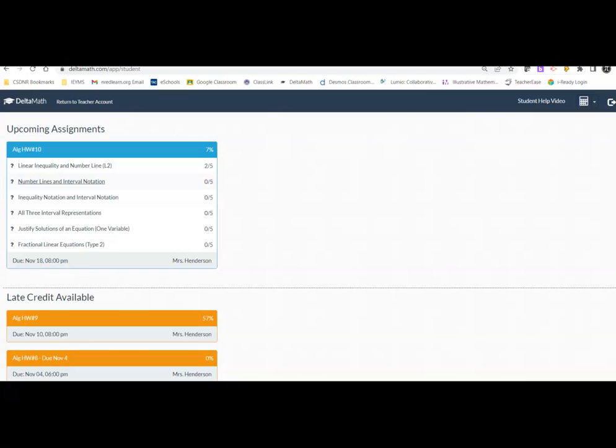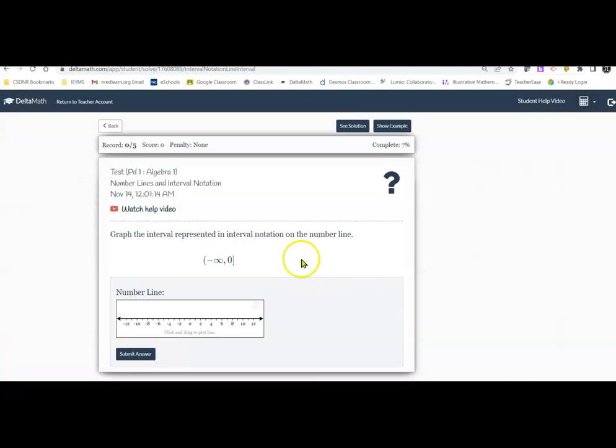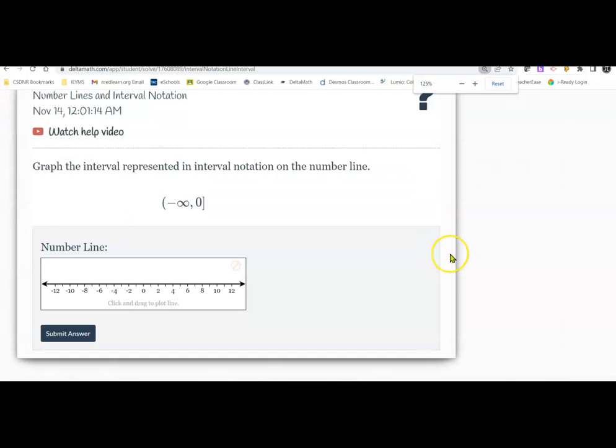All right, let's take a look here. Notice we have a parentheses on the negative infinity value and a 0 on the right-hand side. So what that means is that our lowest value is negative infinity, and our highest value is 0. So that means that's as high as we can go.